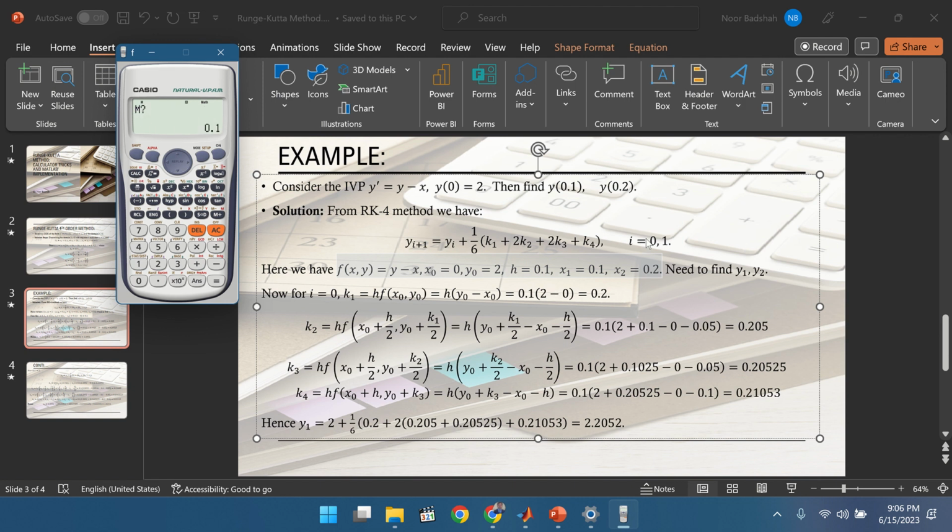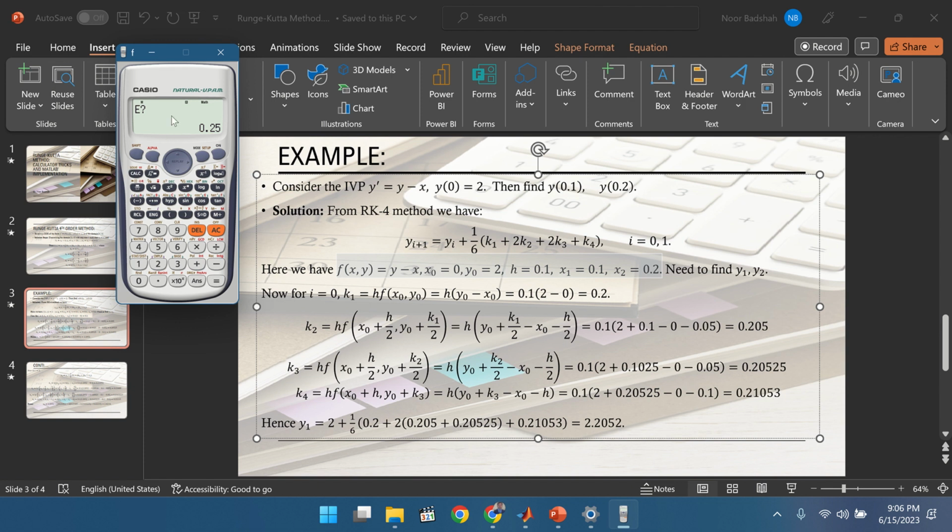In this case our m is h, which is taken as 0.1, right? It's already 0.1 there, so I'll just replace it with 0.1. You can have 0.05 as well, because you're using a calculator now. Now y is what? The initial value of y is 2, so I'll give it 2 equal, and then they are asking for the initial value of x, which is 0, so I'll just put 0.